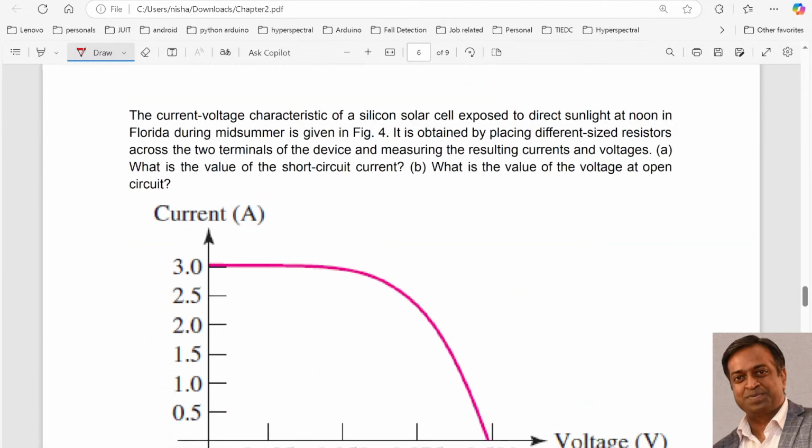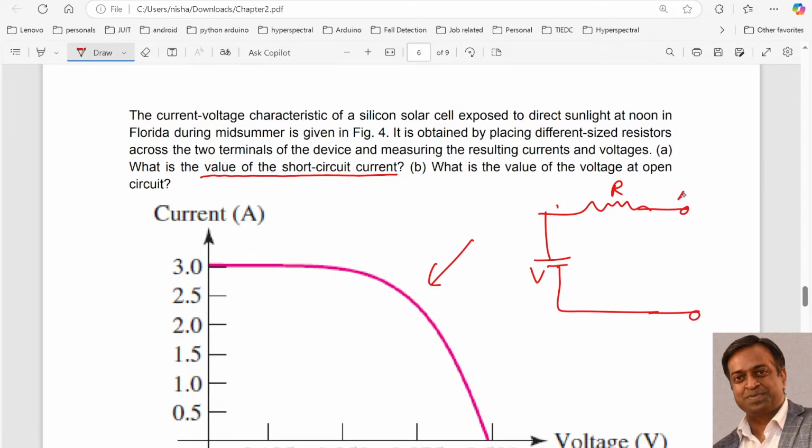Coming to this question, over here this graph is given, and we need to determine the value of short circuit current. Short circuit means, suppose we have this VR, and these are the two terminals A and B. If these two terminals are short circuited, then there will be current in the short circuit, but there will be no voltage drop because there is no element present in the short circuit part, so the voltage will be zero.